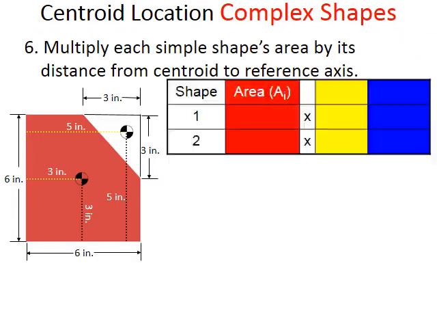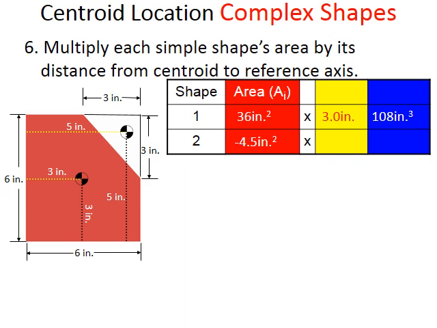Then, just like we did before, we want to create a table and multiply our individual areas times the individual x component for the centroid of the individual shapes. We take 36 times the 3 for shape 1 in that first row, and we get 108 cubic inches.